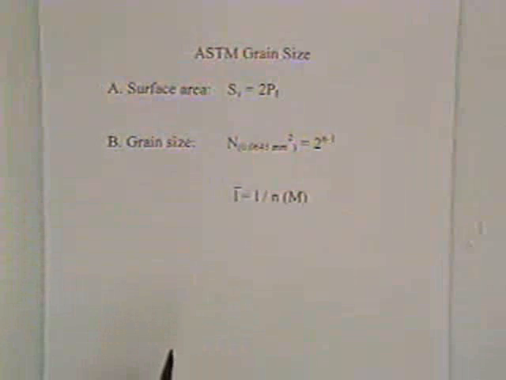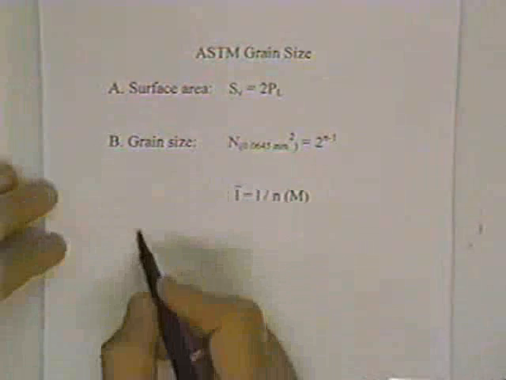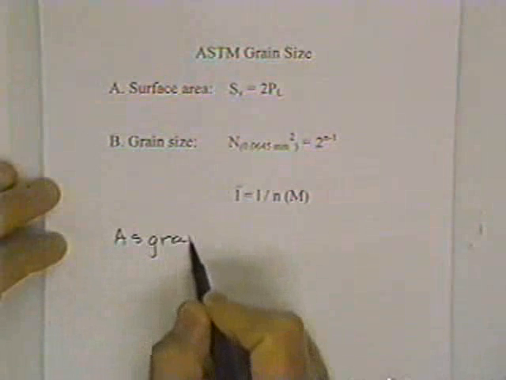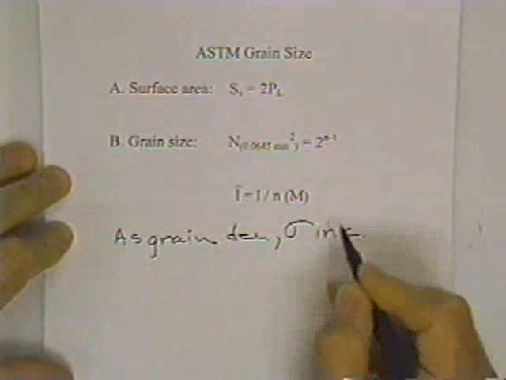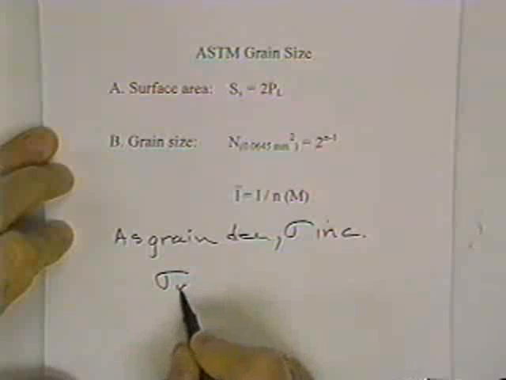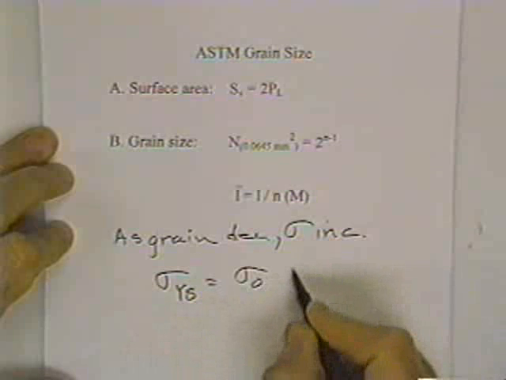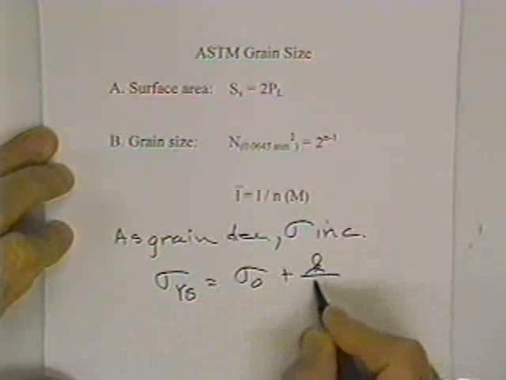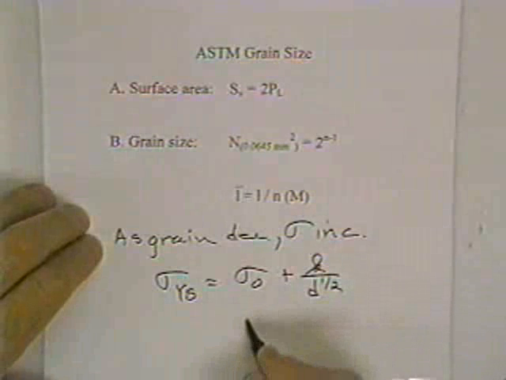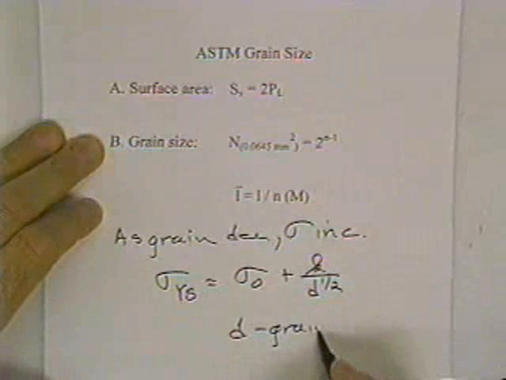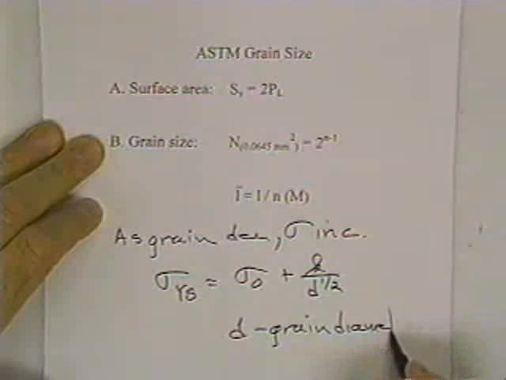The final two things that we're going to talk about will be the grain size and, briefly, composite materials. Grain size is important. As grain size decreases, the strength will increase. And there's an expression called the Hall-Petch equation, which says that the increase in strength increases with the inverse square root of the grain diameter, where D is the grain diameter.